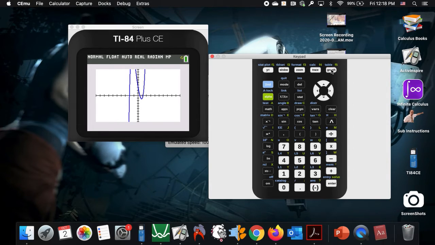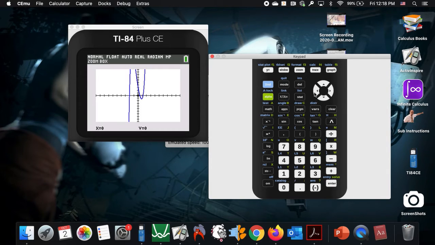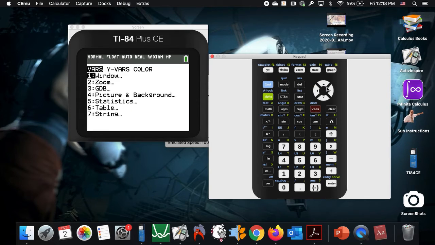There's my graph. Let me zoom in a little bit. I'll zoom box it. I'm just going to look at this one right here. Calculators are a little buggy.